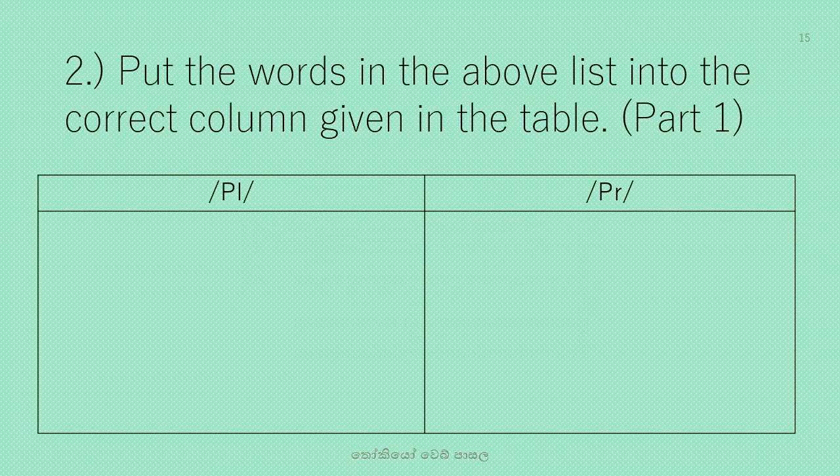Okay, so I have divided the answers also into two parts. So this is part 1. So take 2 minutes and write the first 16 words either under the first column or the second column of this table.